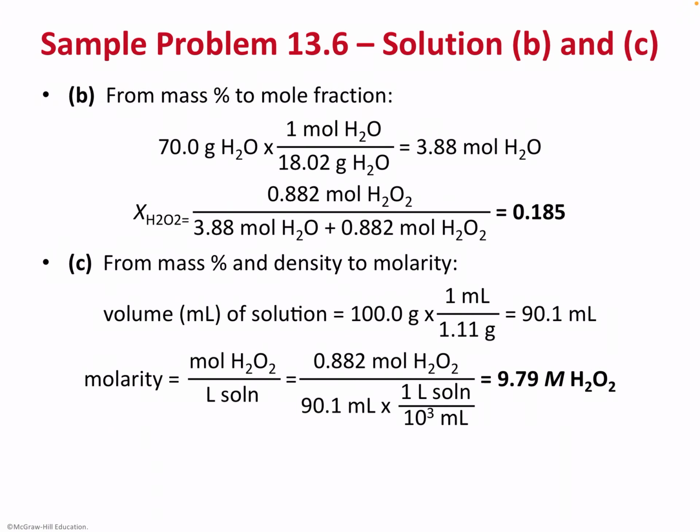So 100 grams, use the density 1.11 grams per 1 milliliter. So this is the density. To find out the volume, you use 100 grams and then use the density term, putting the grams into your denominator, keeping the milliliter in the numerator. So grams to grams cancel, converting into volume, 90.1 milliliters.